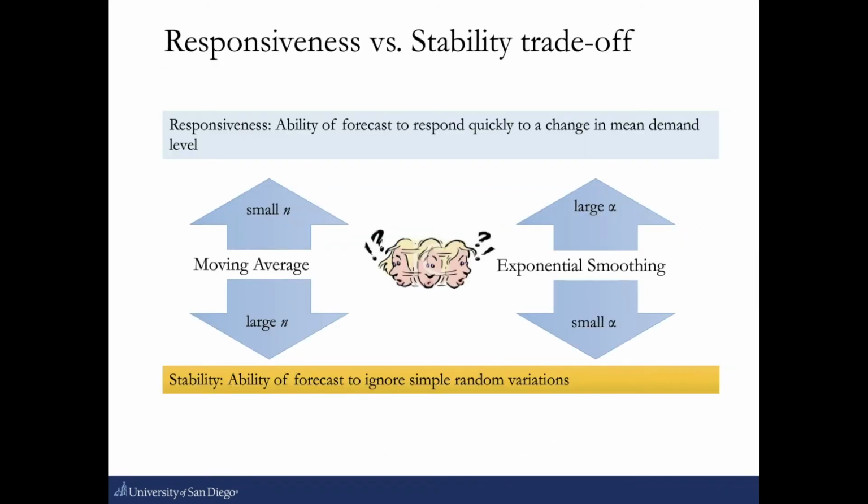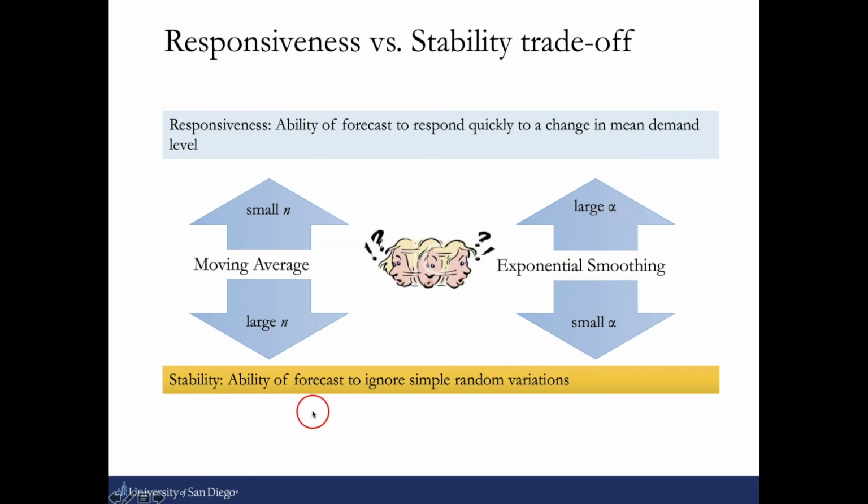So based on the last couple of illustrations, it is clear that we have a trade-off here, namely responsiveness versus stability. If you want your forecast to be able to respond quickly to changes in the demand, then typically in the moving average case, we use a small n, so a shorter window, whereas in the exponential smoothing case, we will choose a large alpha so that we place more importance on more recent values.